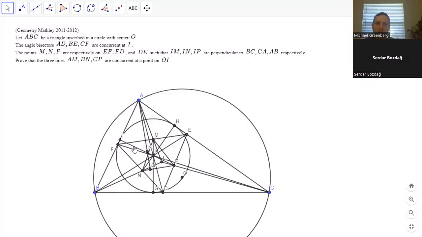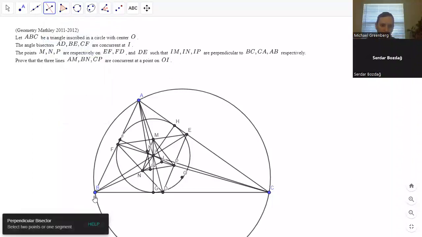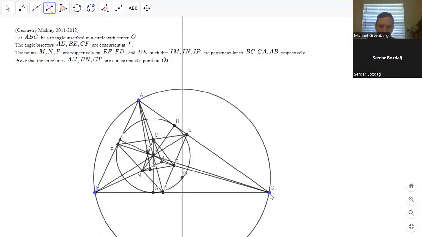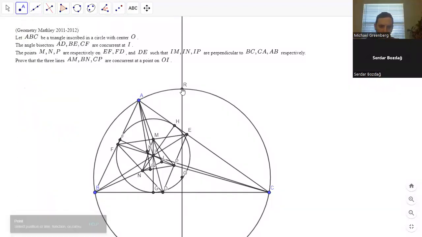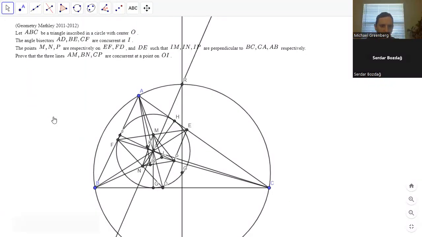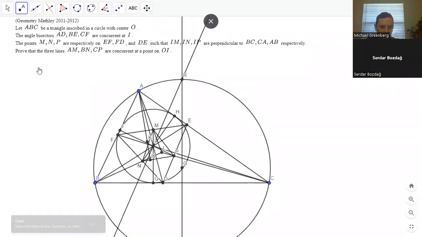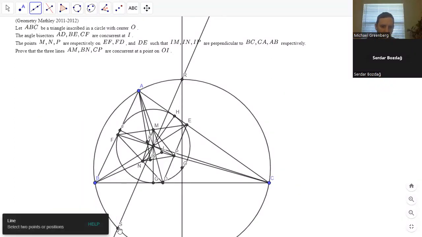Should I add any of the mixtilinear circles? Let's see. Maybe. Let's just try it. I was thinking, because, yeah, OI.